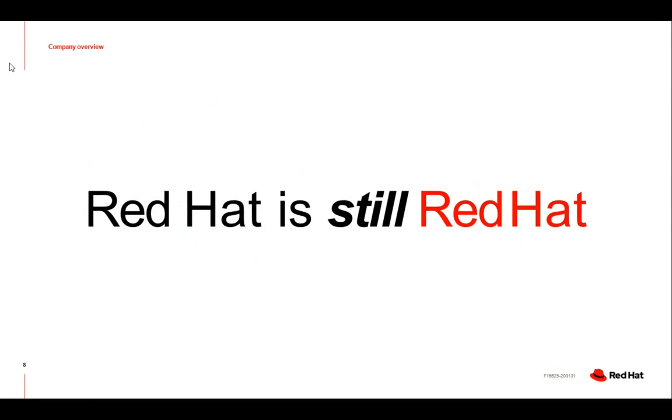Most of you would have heard about IBM's acquisition of Red Hat, right? But Red Hat is still Red Hat. Red Hat works as an independent business unit, and this particular marriage, I would say, has resulted in a great deal of success for both IBM and Red Hat.